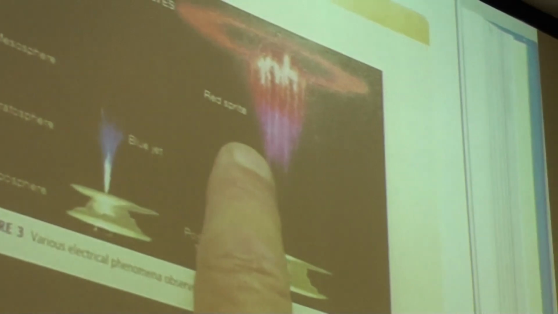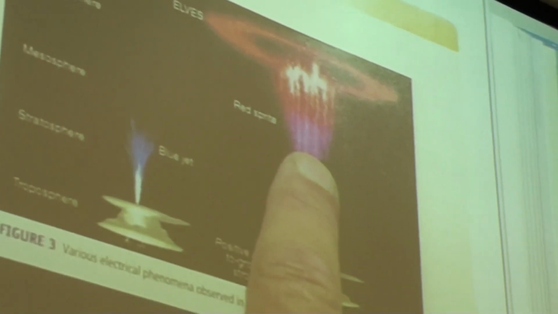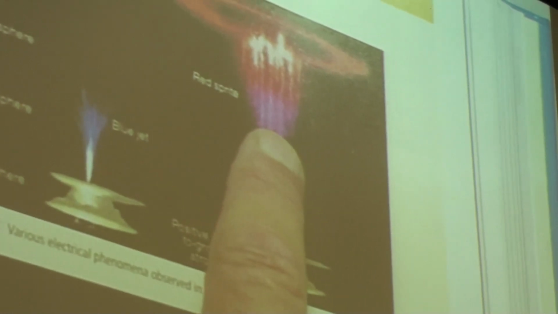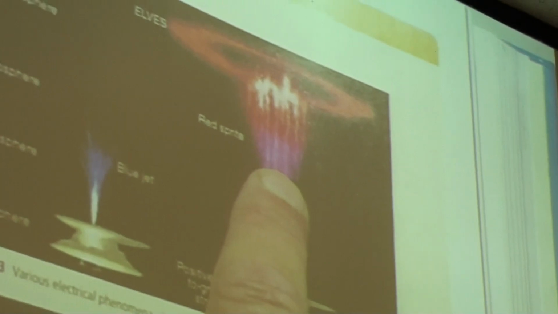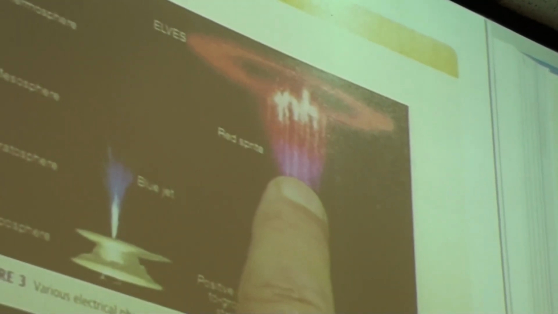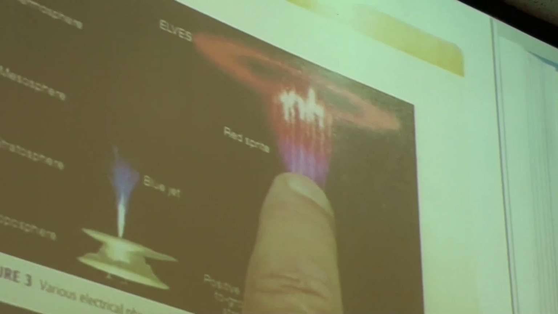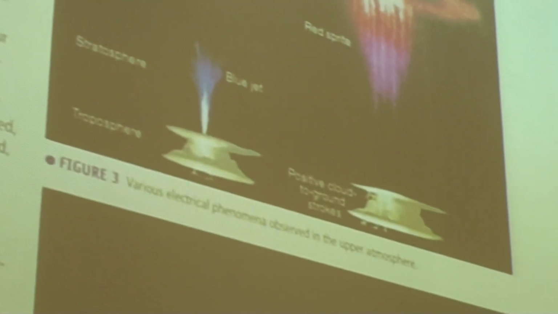These elves and also sprites are associated with high altitude lightning. Now at very high altitude, the Earth tends to be more positively charged. And so the flow of electrons is driven by the positive charge in the upper atmosphere, rather than the negative charge the way it is when we go from cloud to ground.